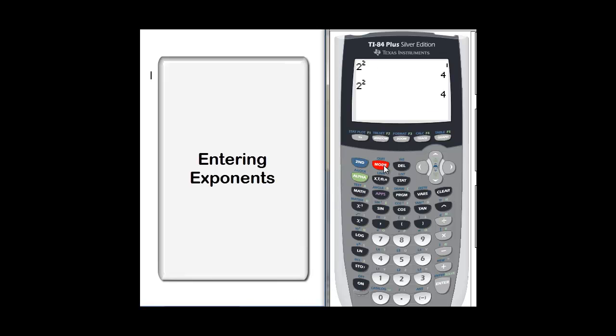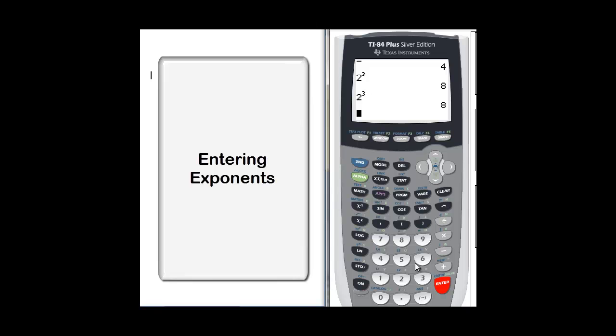I would have to go out of this first, put my number, go into math, select number 3 and press enter, and I would get that 2 cubed is 8. Another way I can do that is to go 2 raised to the 3rd power and enter and get 8. I think that's a little bit easier than going into the math menu and doing all that.